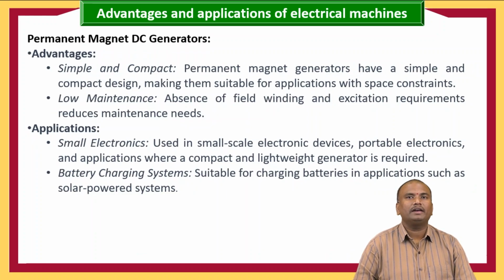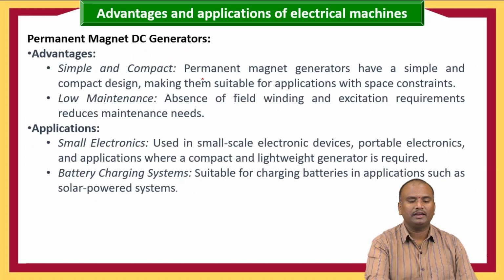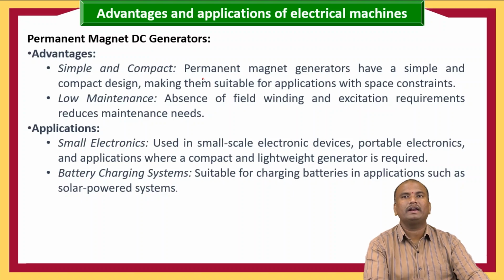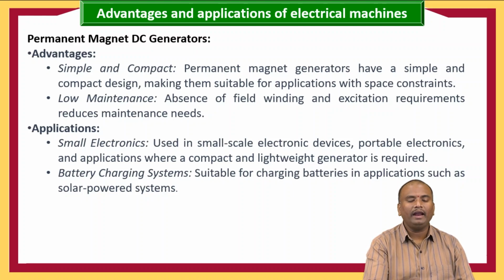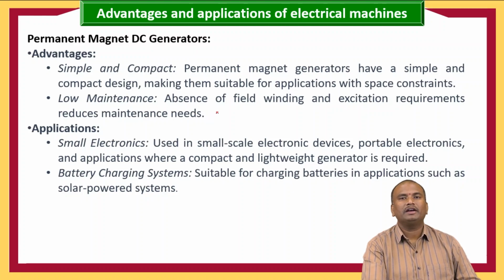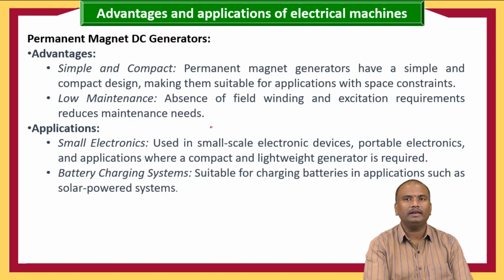In the permanent magnet DC generators, these permanent magnet generators are simple and compact, and these are only suitable with low and medium level ratings, and it is going to have low maintenance because there is no field winding.